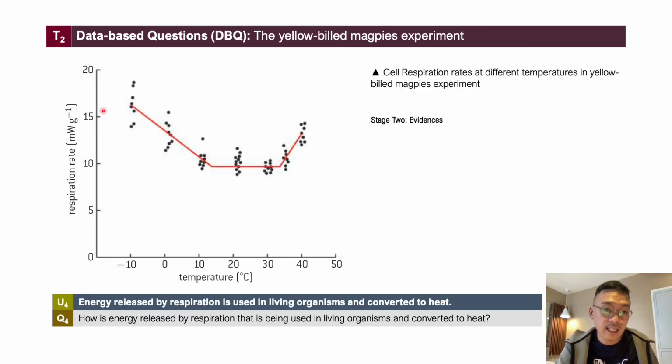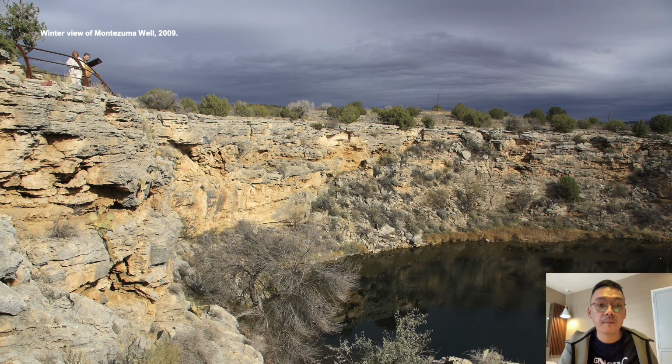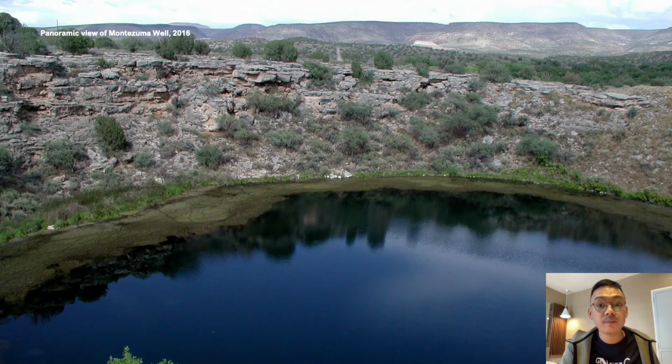Now the data that is being presented to students looks like this one. So what are the different cell respiration rates at different temperatures in this yellow-billed magpies experiment? And the understanding and the question are coming from the first stage. This is Montezuma Well.